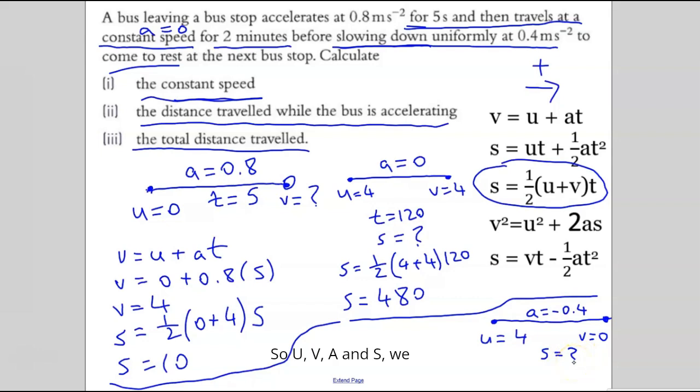Right, so u, v, a, and s, we can use the formula, this one here, the fourth one. So v squared would mean 0 squared equals u squared, which is 4 squared, plus 2 times minus 0.4 times s.